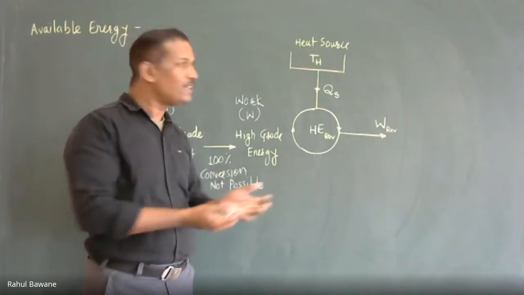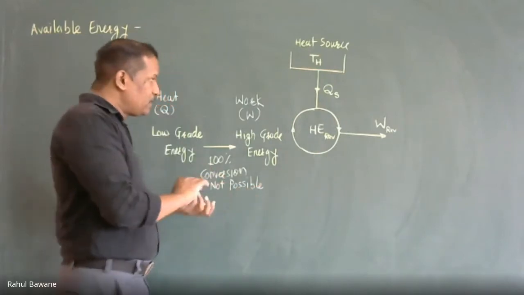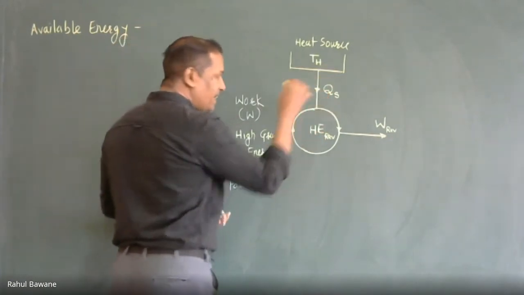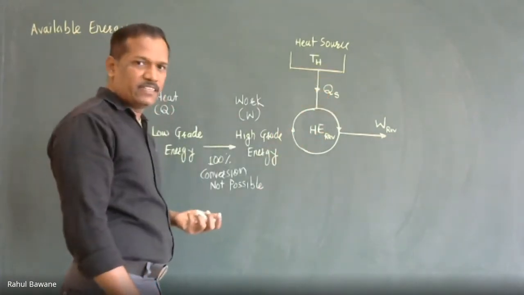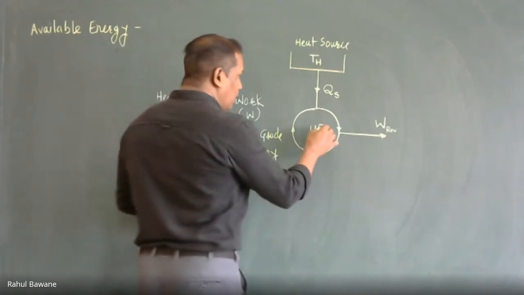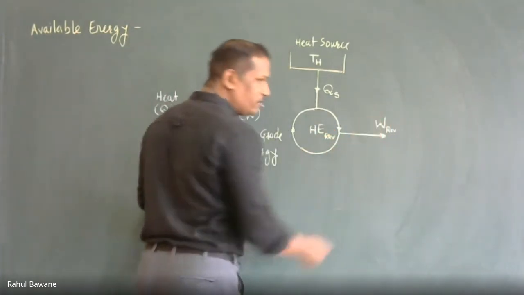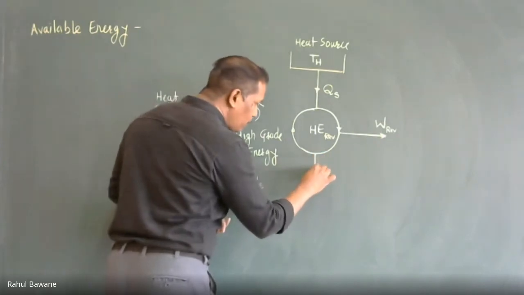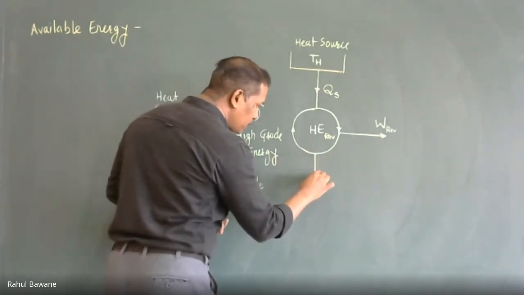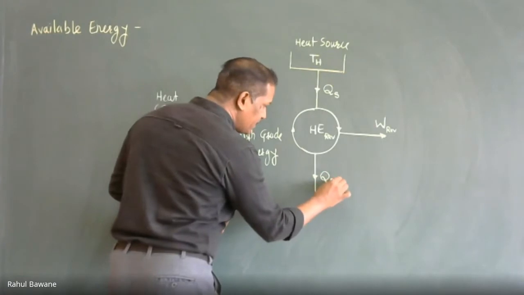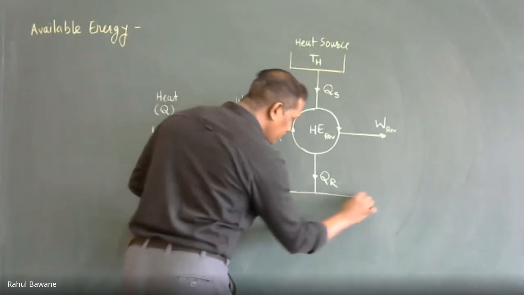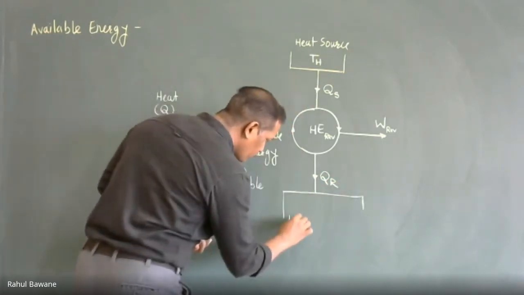What is possible is that some amount of heat can be taken by any heat engine. Out of that heat, some portion is converted into work done, and no doubt there will be some portion which is rejected to the heat sink.